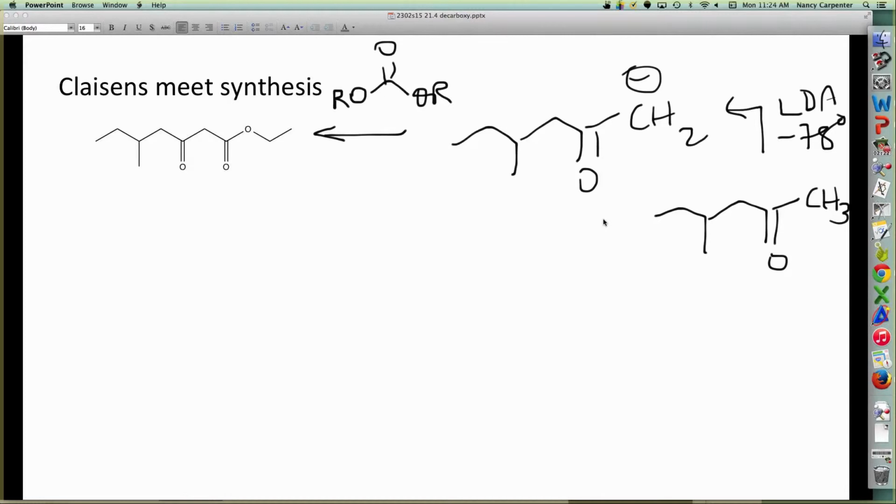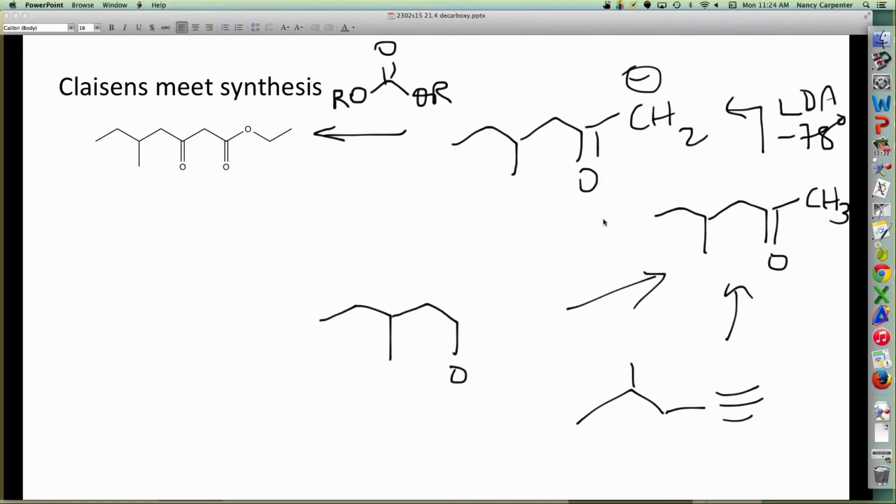And then where should we go? Well, I'm not telling you anything. I'm not saying use this starting material or use that starting material, but we know we can perhaps make this from the alkyne, in which case that's our starting alkyne. We could definitely make that from this alcohol by oxidation. And where could we go from here?